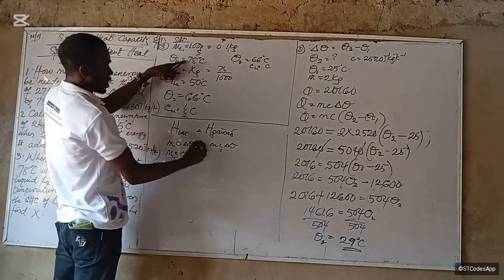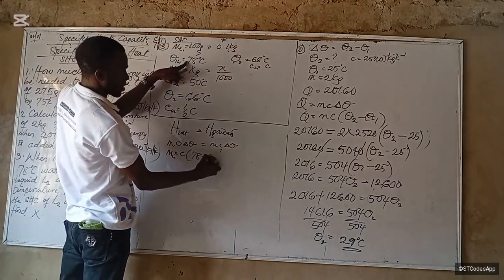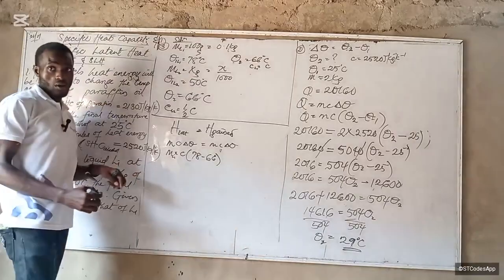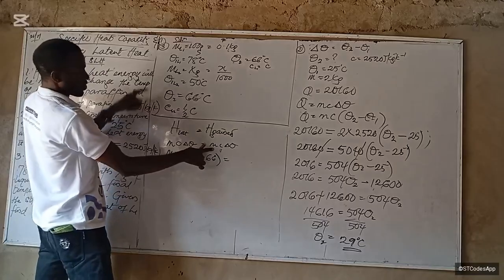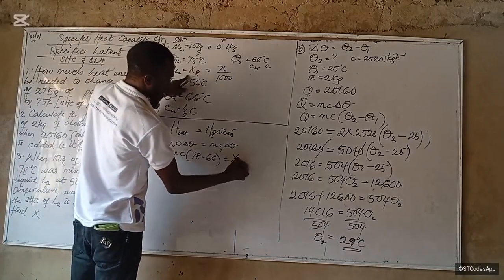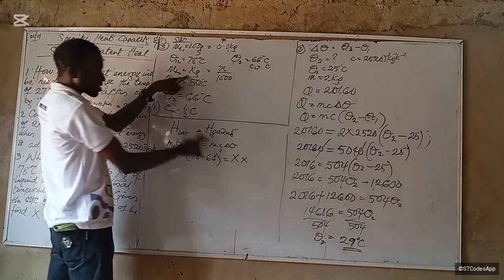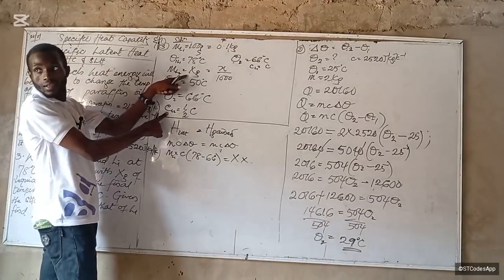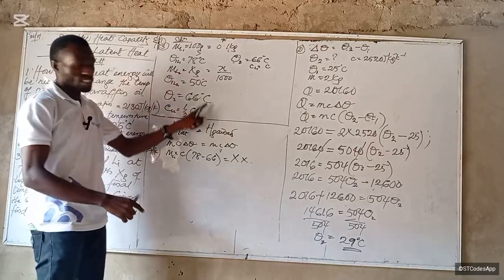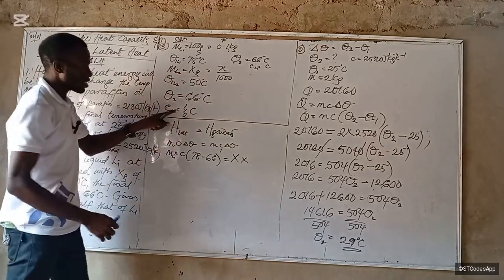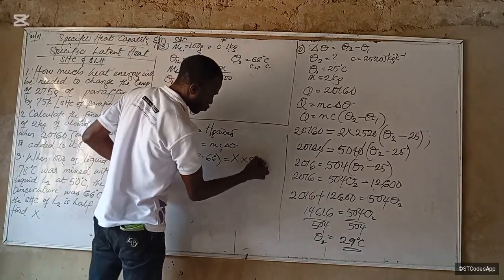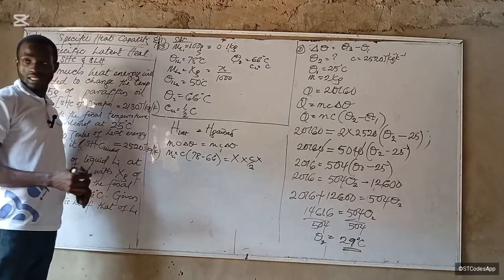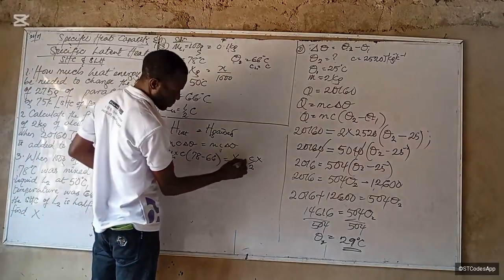So that will be 78 minus 66. Is that okay? That is equal to M of the other guy, which is X grams, times the C of this guy now. Are you getting it? The guy that gained heat, its own C is half of that guy, so that is C over 2 times. Does that make sense?